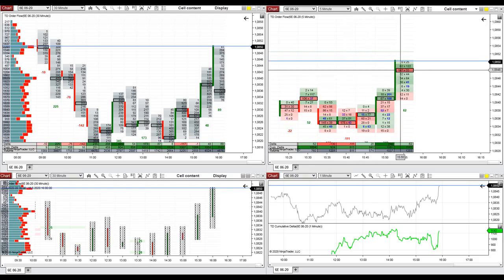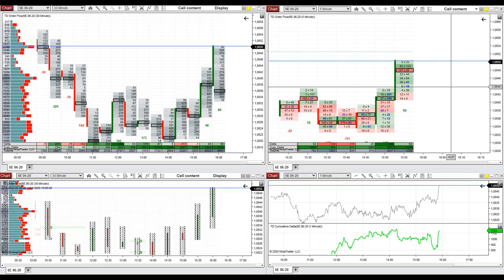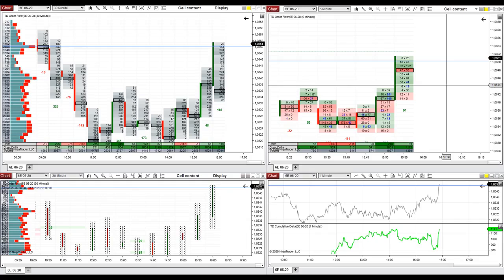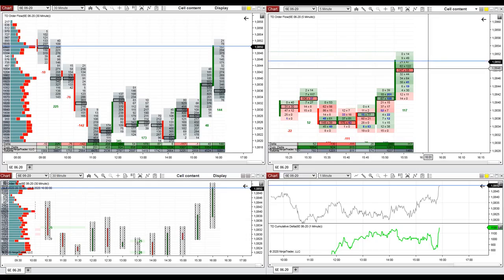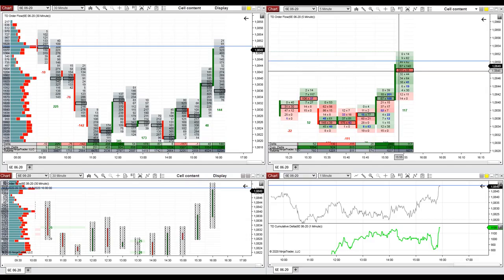We had aggressive sellers in here. Nothing really special is happening on the delta, but as you can see, aggressive sellers were jumping in here.